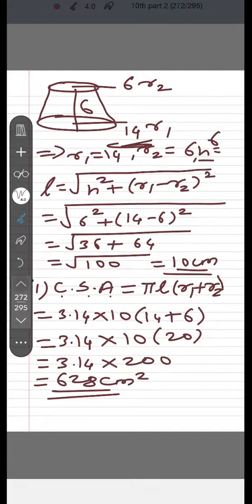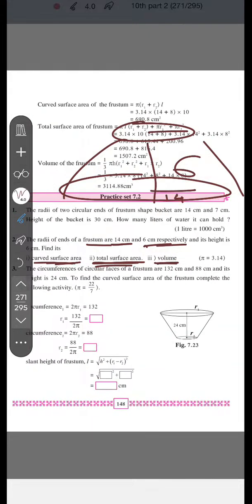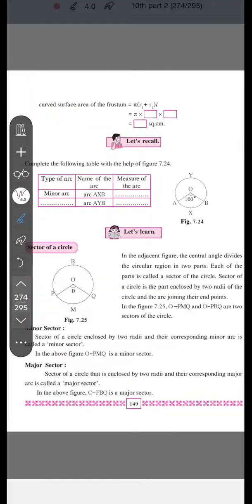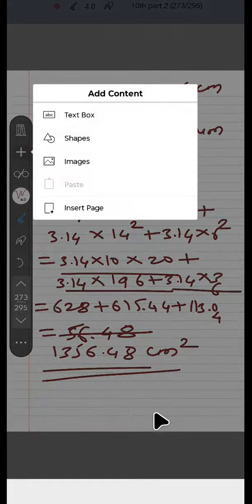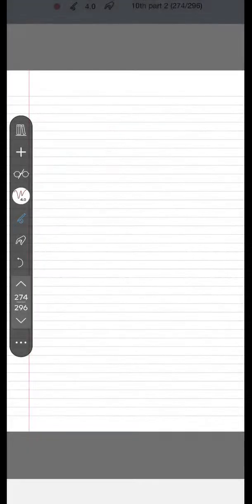Now one more question they have asked: the volume. We will find out the volume of that frustum. What is the formula for the volume of a frustum? The given data will be the same, so I am not going to rewrite it here.